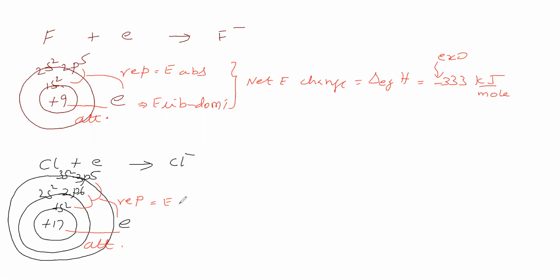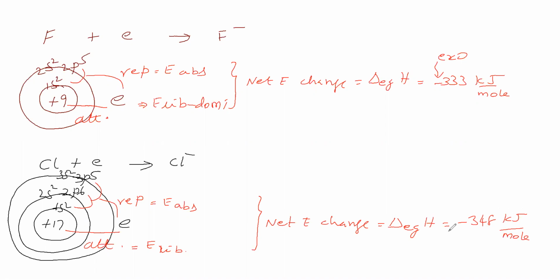To overcome the repulsion, the system needs energy. For attraction, the system liberates energy. The net energy change is the electron gain enthalpy for chlorine, which is minus 348 kilojoule per mole. Here, the electron gain enthalpy of chlorine is negative, that is exothermic, so liberation of energy is the dominant factor.